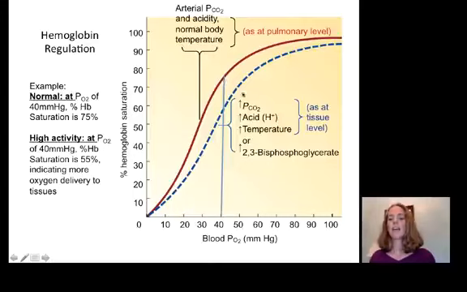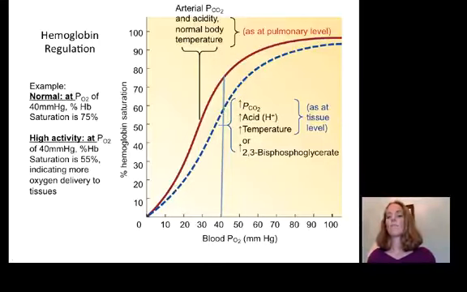Now let's add these factors: high carbon dioxide, high acid, high temperature, high metabolites. This is what happens in active tissues. That actually completely shifts the hemoglobin curve over to the right. This rightward shift means that now at the same level of PO2 at 40, now instead of being 75% saturated, hemoglobin feels even more generous, and he goes down to 60% saturated.